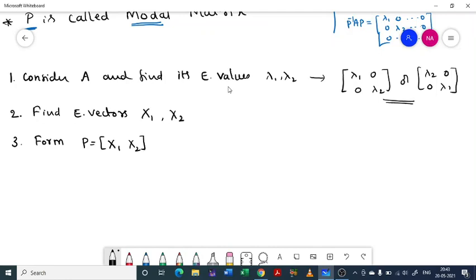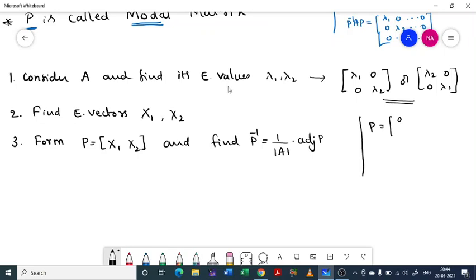Third step, form a matrix capital P whose first column will be x1 and second column will be x2. So these two are column vectors, right? And find P inverse. The formula is 1 by determinant of P into adjoint of P. I will give you the general formula.